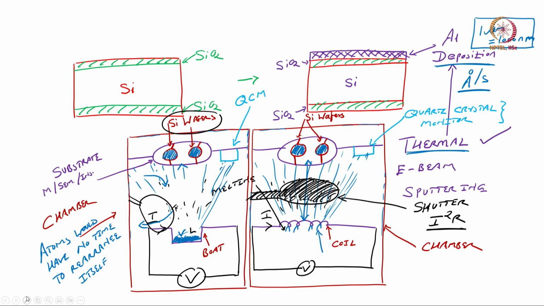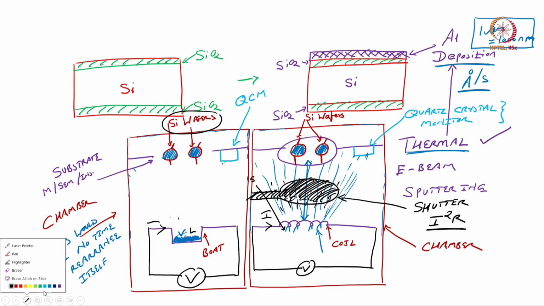Because we have less space here, I am not drawing the shutter anymore, and you assume that the shutter is now moved out of the path between the melted material and the substrate. So when you do so, the evaporation will start, alright.